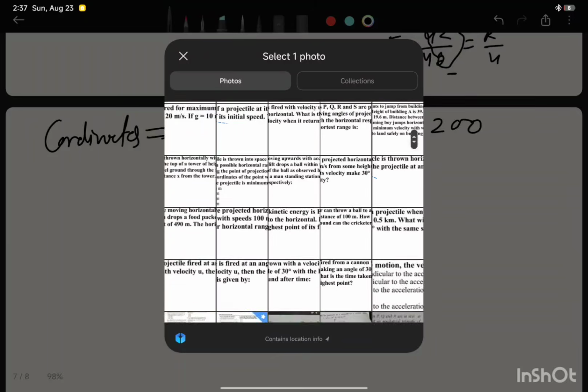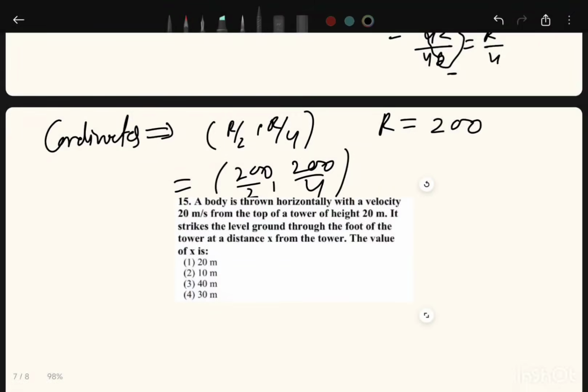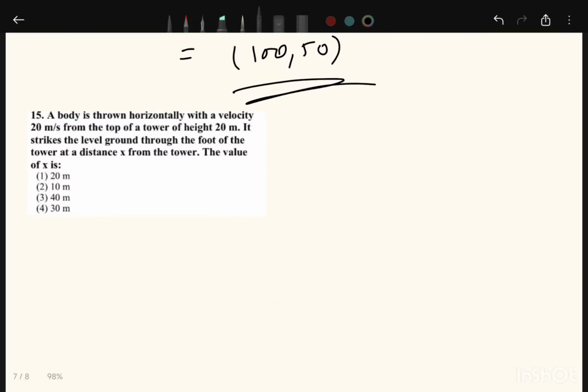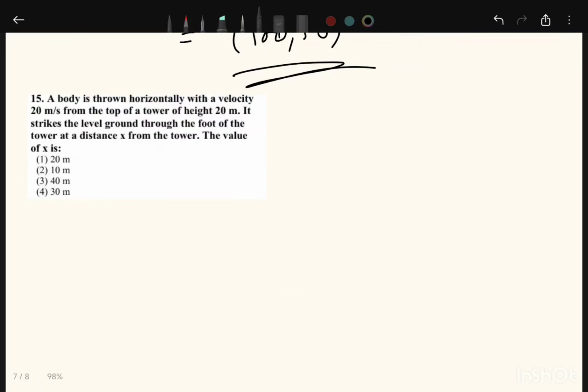Let me see the very next question, that is question number 15. The question is saying a body is thrown horizontally with a velocity of 20 meter per second from the top of a tower of 20 meter height.